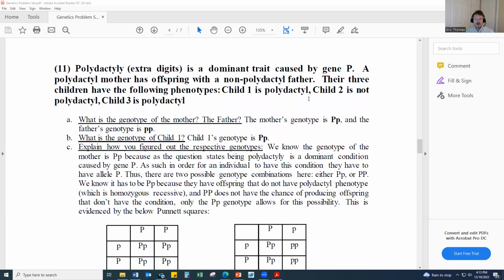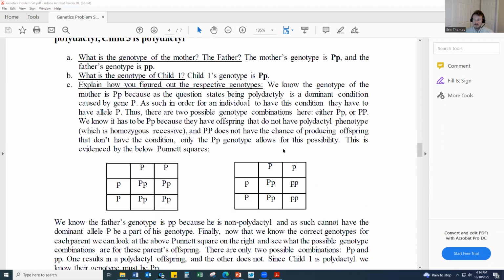And so in this question, we know that one of the children is not polydactyl and 2 of the others are. And so that means that when we run the Punnett square, we need to ensure that one of the possible genotypes of the offspring allows for a child to be non-polydactyl.